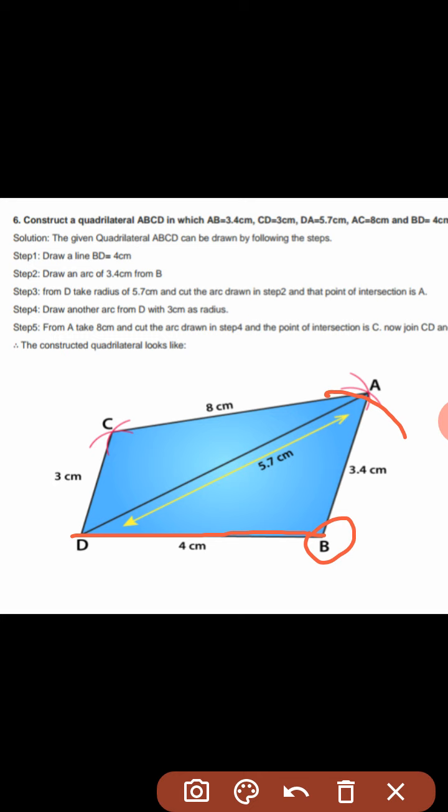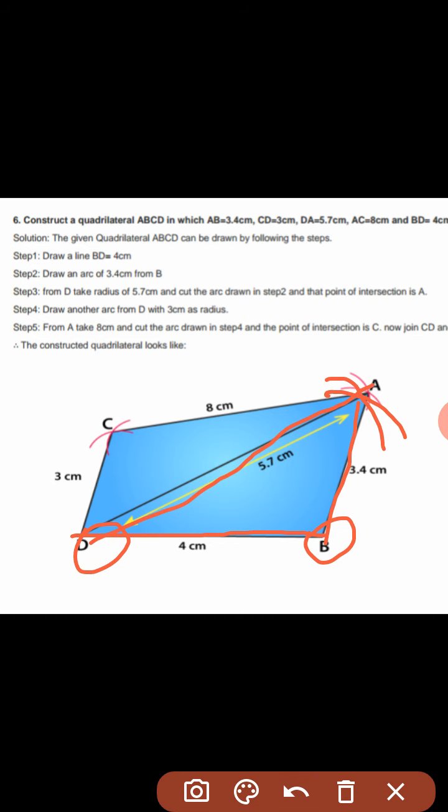Now after this, from D take radius 5.7 centimeter and cut the arc drawn in step 2. After cutting we have to join AB and AD.